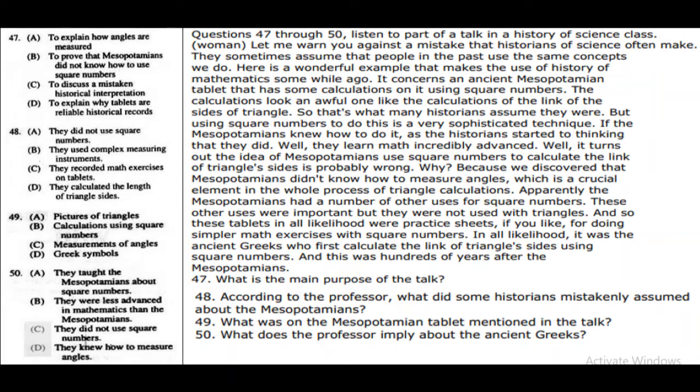Number 49. What was on the Mesopotamian tablet mentioned in the talk? Number 50. What does the professor imply about the ancient Greeks?